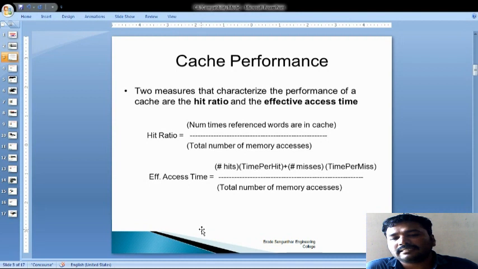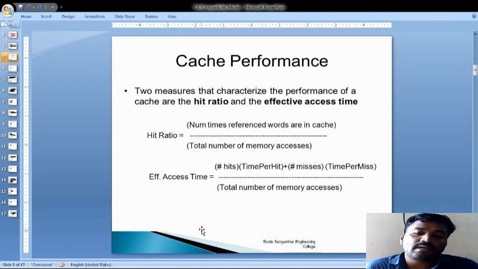Whereas effective access time is the sum of the total number of hits times the time per hit, plus the total number of misses times the time per miss, divided by the total number of memory accesses for cache hits and cache misses. That is called effective access time.